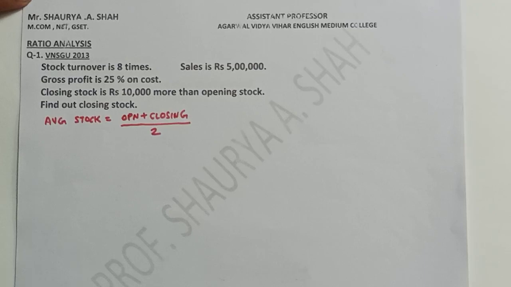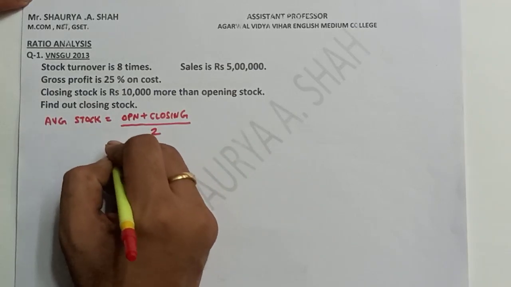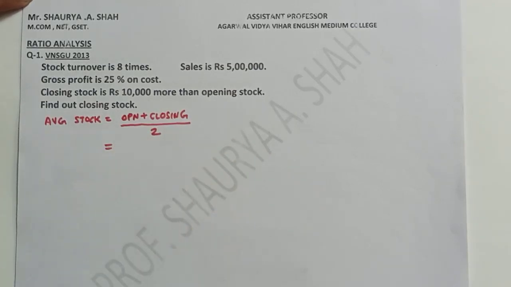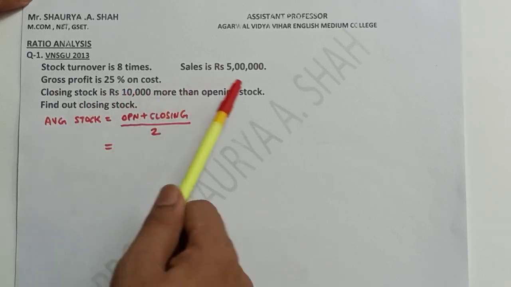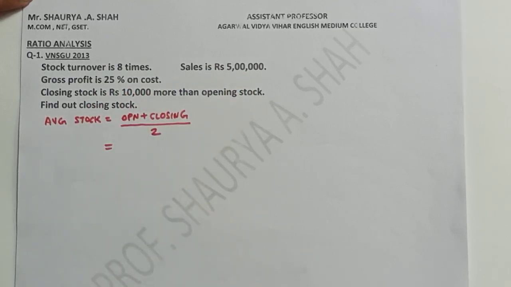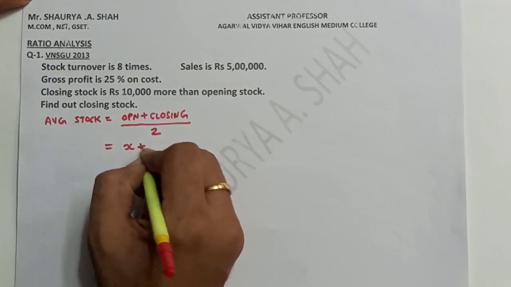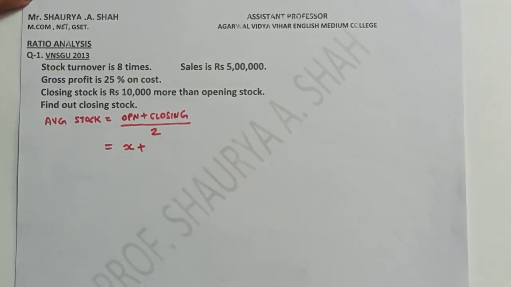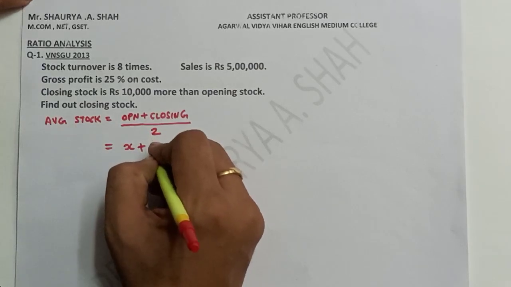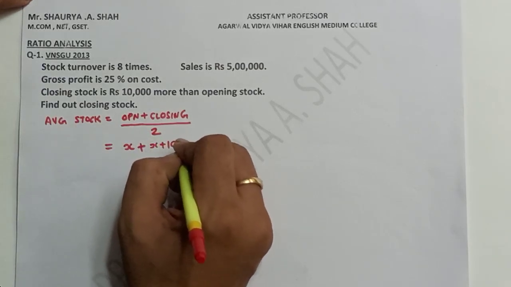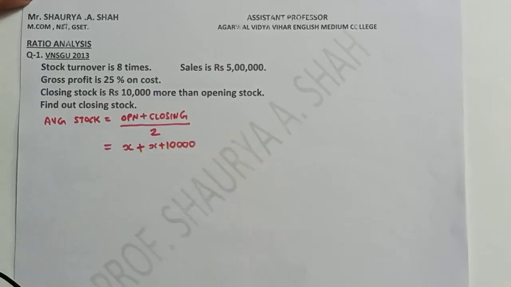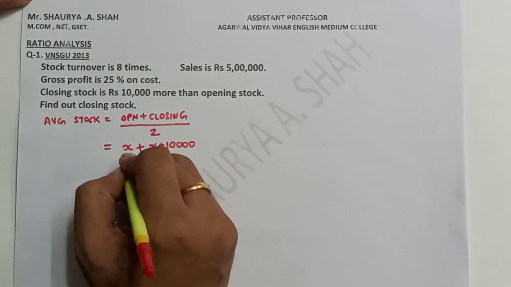Whatever condition is given, assume that closing stock is 10,000 more than the opening stock. So I'll assume my opening stock to be X. My closing stock will now become X plus 10,000, right? Why? Because it is 10,000 more than that, divided by 2.